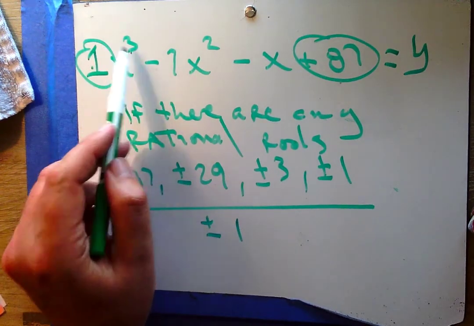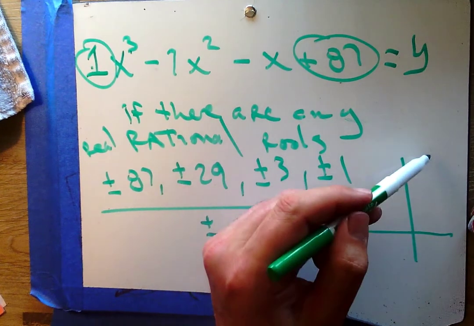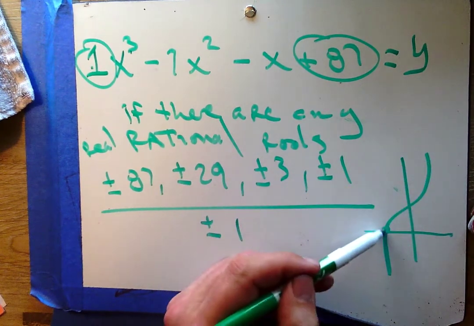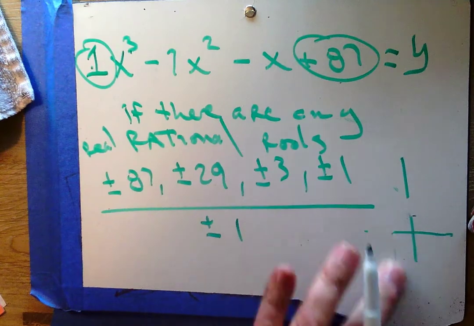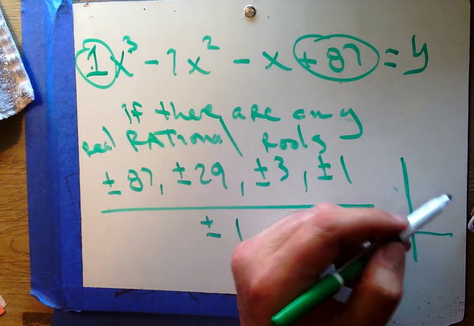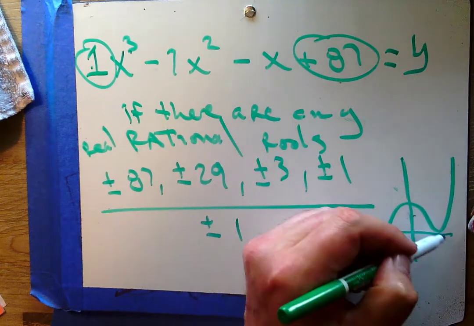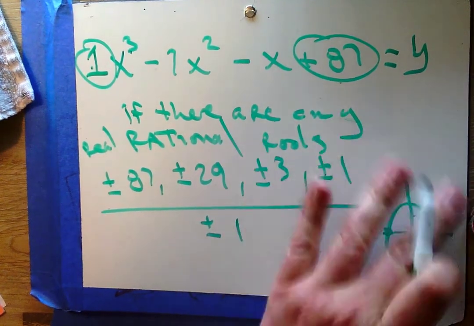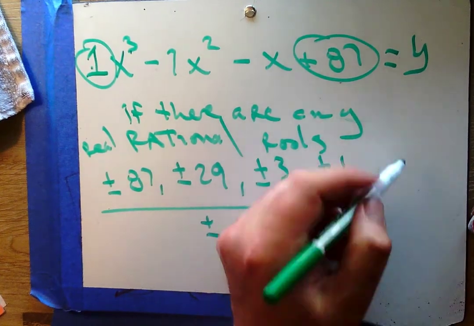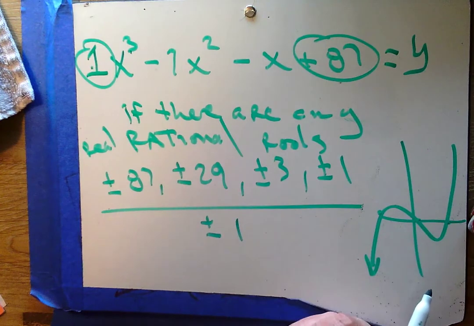I do know that every third degree polynomial could have one x-intercept, or we could have two x-intercepts, bounce, or we could have three x-intercepts, 1, 2, 3.